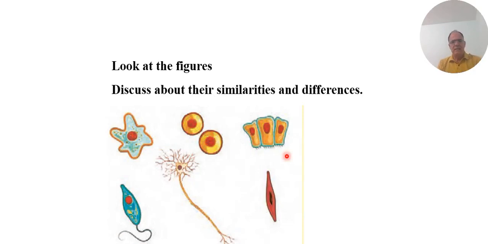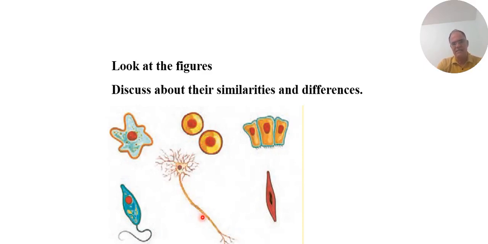Look at this figure carefully and discuss the similarities and differences between these shapes. What do you think about the similarities and differences between these cells? All of these cells are found in our body or in the environment.